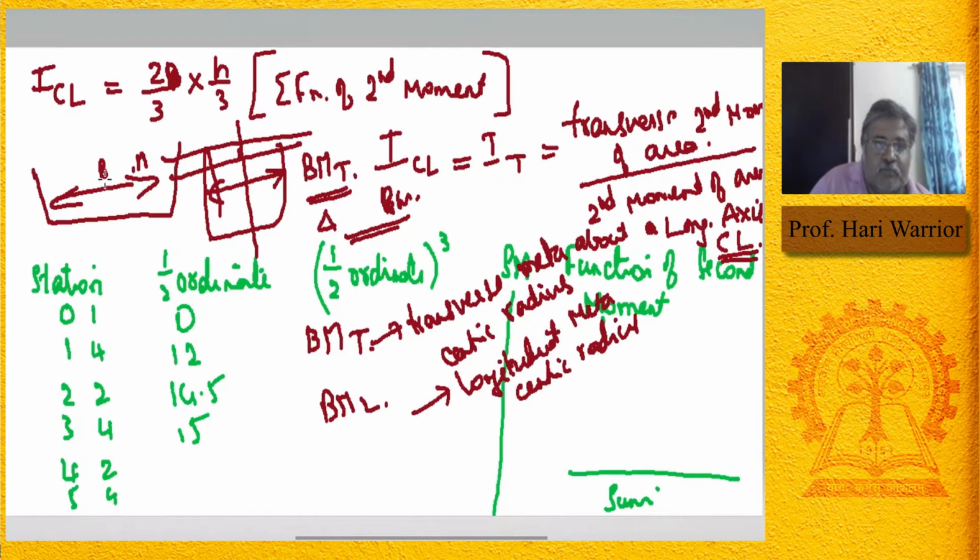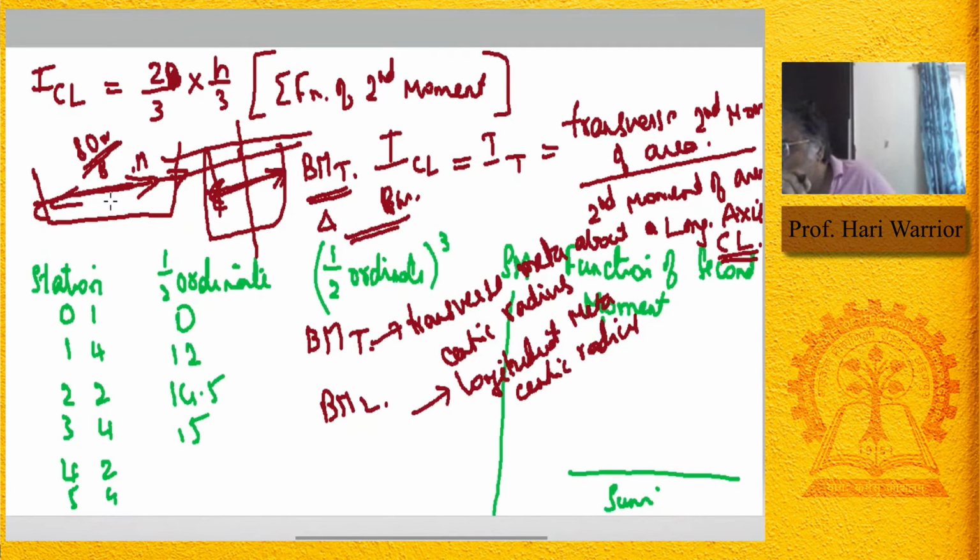This longitudinal BM, which is called BML, is of the order of 80 meters, means it is of the order of ship's length. BMT is of the order of ship's breadth, which is like 4 meters to 8 meters. The BML is of the order of ship's length, which depends on the ship, 50 to 80 meters.